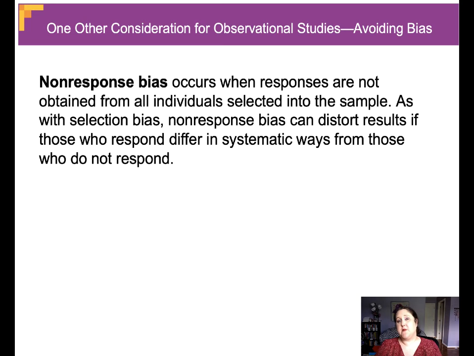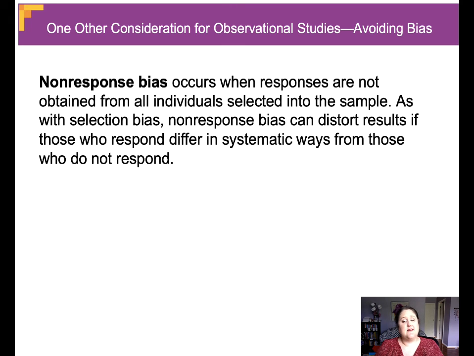The non-response bias happens once the sample is selected if data from the individuals in the sample could not be obtained. So this can happen in an observational study where people don't turn in their surveys, or if people choose not to respond.